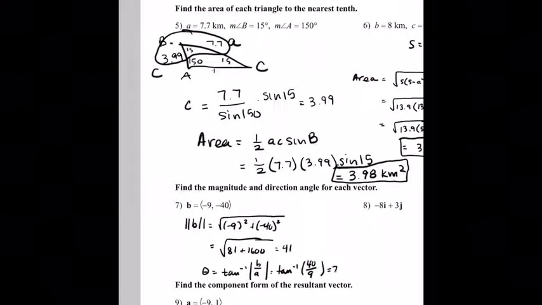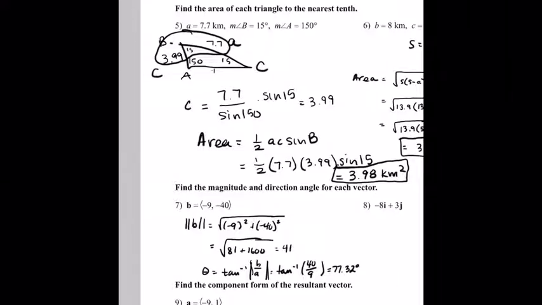And that's 77.32. But you need to recall now, inverse tangent of b over a, since b over a is positive, we use absolute values.